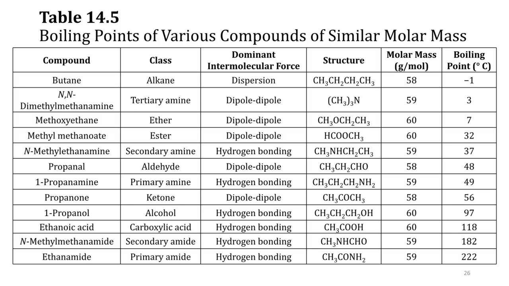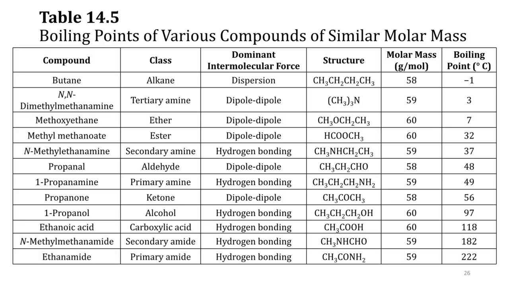The N-methylethanamine is a secondary amine, has some hydrogen bonding, and now the boiling point is increased further. Propanamine is higher still. Interestingly, propanone, which is a ketone, is higher, and it's a little bit out of order seemingly, but the dipolar forces are quite strong because there's a strong dipole moment for this system.